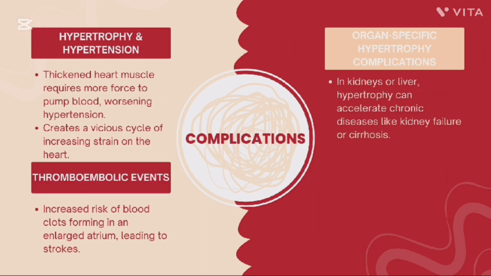The other one is hypertrophy and hypertension, which can lead to thickening of the heart muscle, requiring more force to pump blood. The other one is thromboembolic events, which is an increased risk of clots forming in the enlarged atrium, leading to strokes. And the last one is organ-specific hypertrophy complication, like in the kidney or liver, where hypertrophy can escalate chronic disease like kidney failure or cirrhosis.